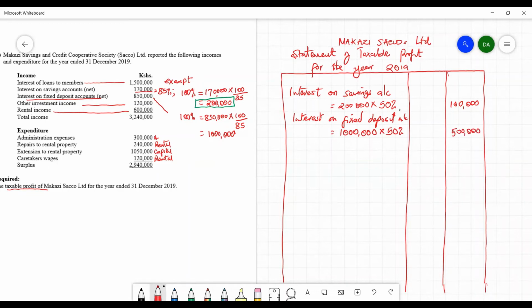The next item, which is taxable 100%, is other investment income, which is 120,000.